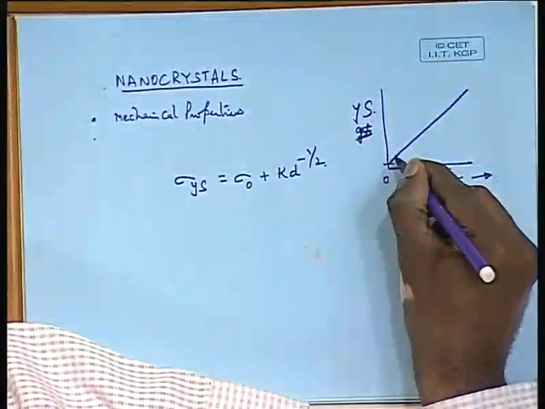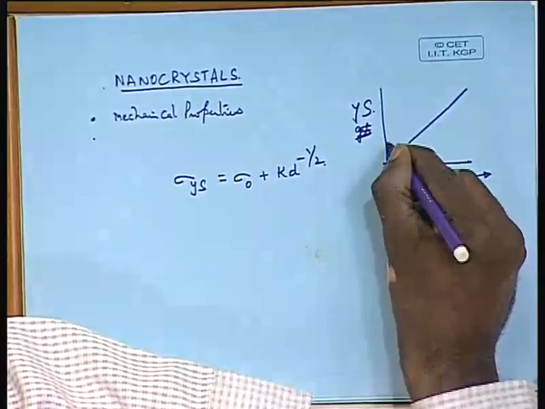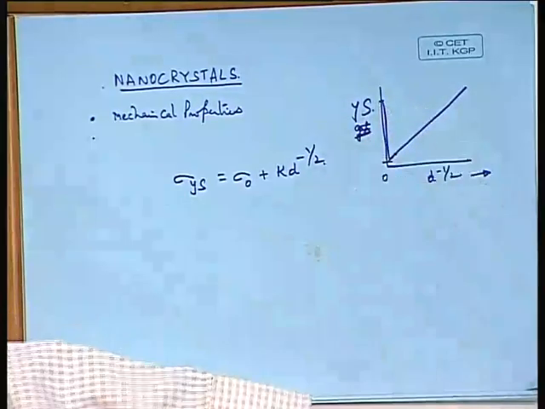If there are very few dislocations, in principle this plot, when you approach 0, should increase and go to a much higher value, which we call the theoretical cohesive strength of the material. That is what happens in single crystals, which have a very small number of dislocations.